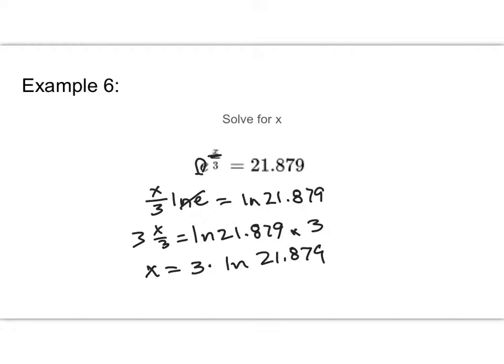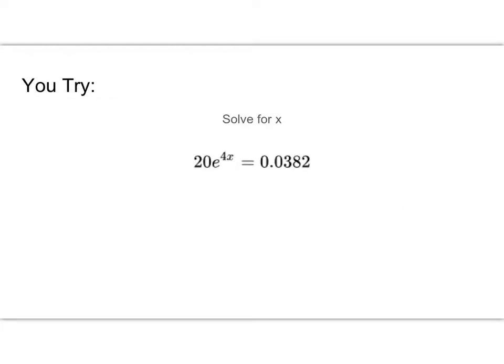By the way, that is also an exact answer. Most of the time, though, you'll be putting that into a decimal. x is about 9.26. All right, your turn. Give it a shot.